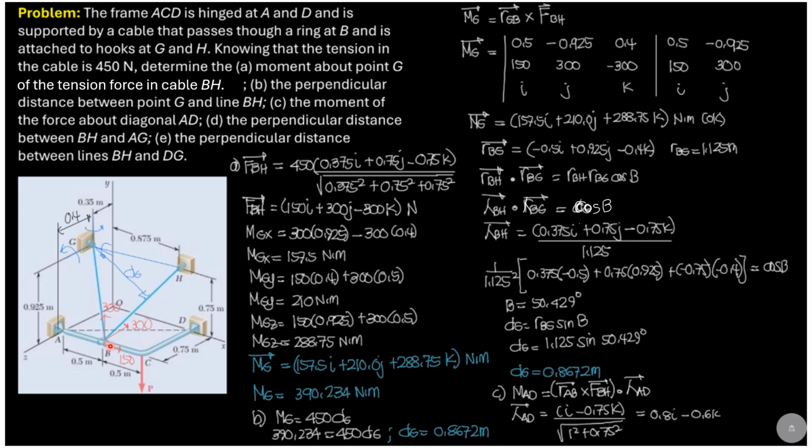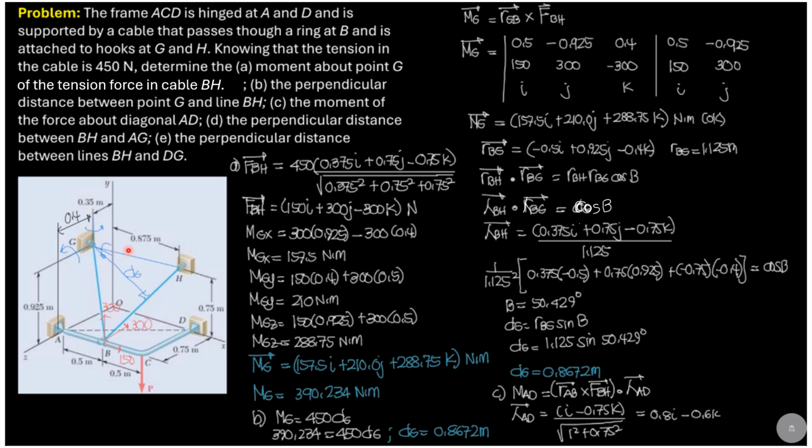Then I put the components of the force here because I'm going to apply the right-hand rule, then confirm with the cross product results. So the moment about G, x-component, this is the positive sense, that's the x-axis.